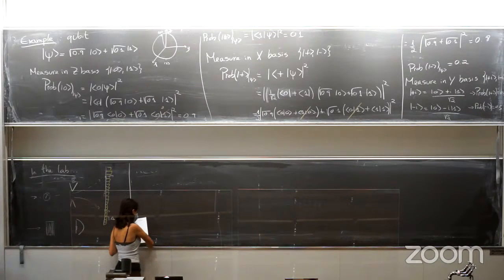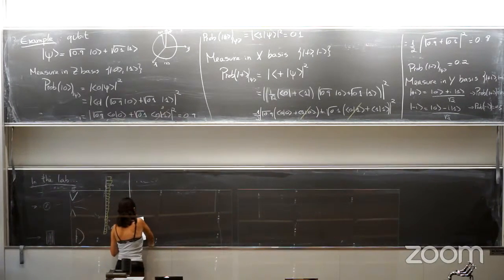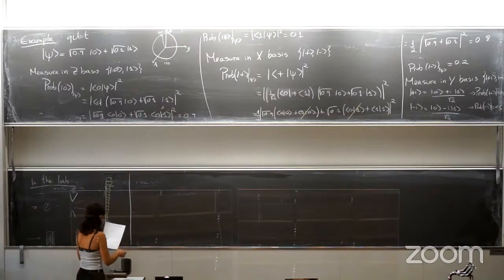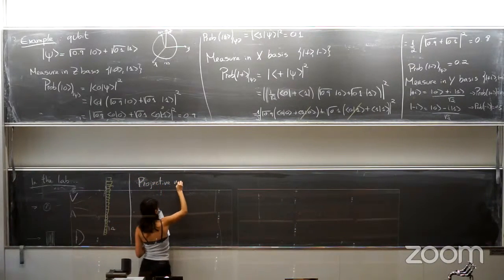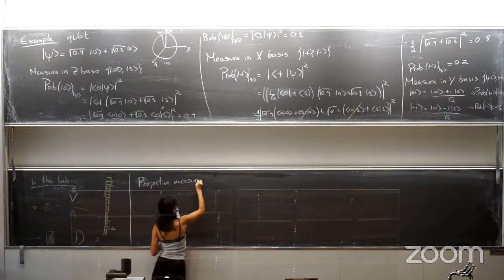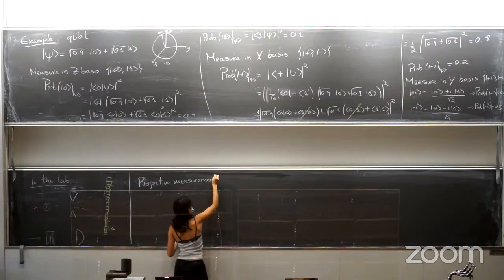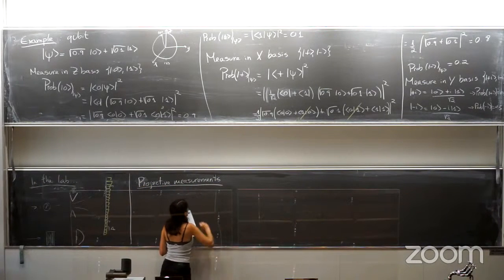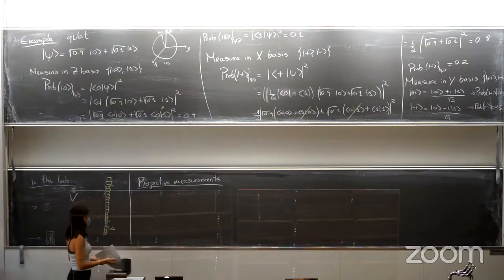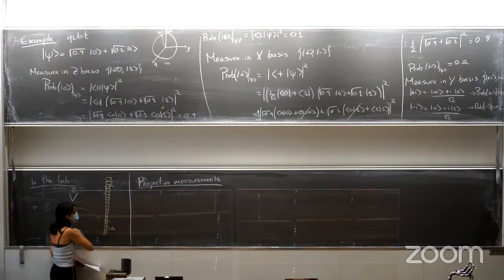That's the motivation for projective measurements. It's a mathematical way to model measurements that are still very, very clean, unrealistically clean. There's no noise in them, but they have finite precision.